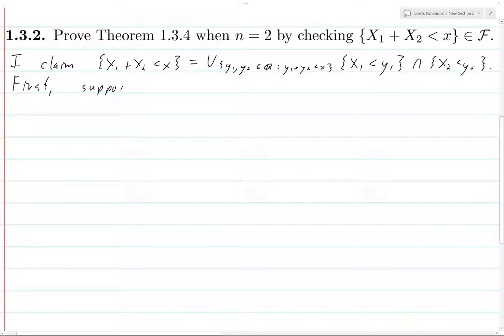First, suppose that lomega is an element of the set on the left, x1 plus x2 strictly less than x. So we know that x1 of lomega plus x2 of lomega is strictly less than x. Let epsilon be x minus x1 of lomega minus x2 of lomega, which is positive because lomega is contained in the set.